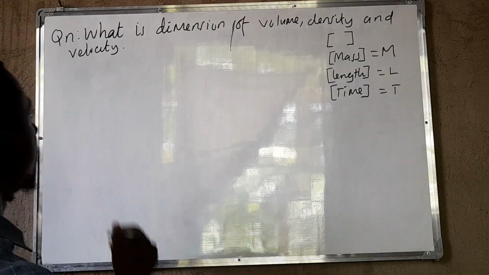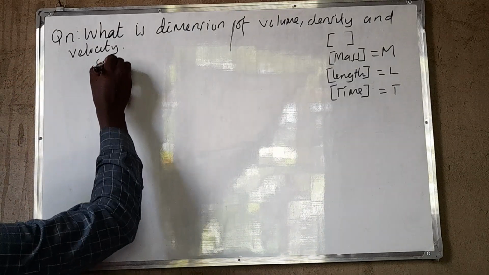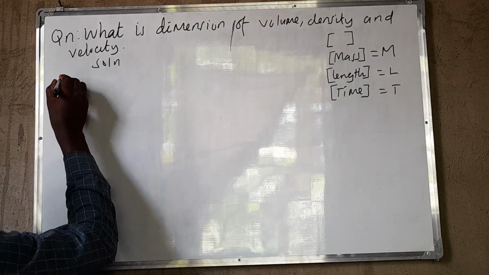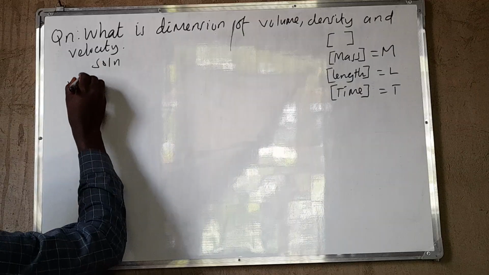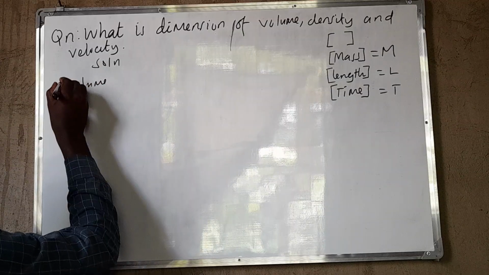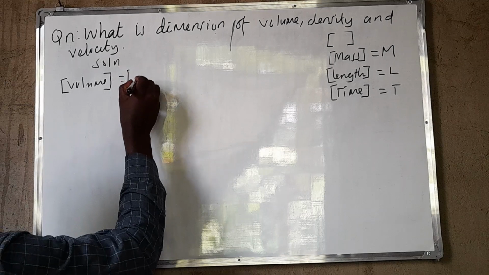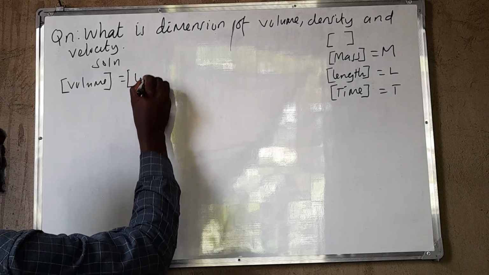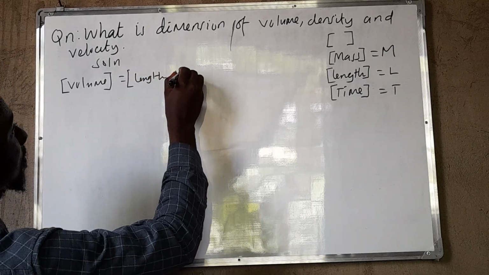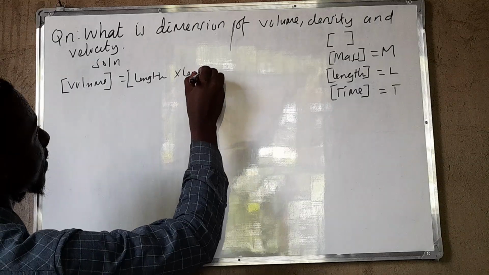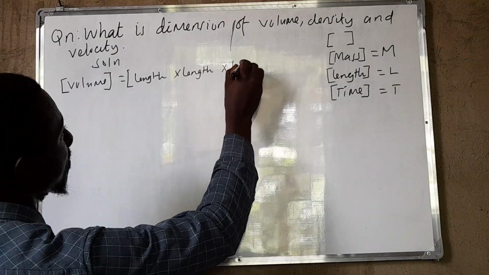and velocity. So now, solution: we start with the dimensions of volume. Volume is equal to length times length times length.